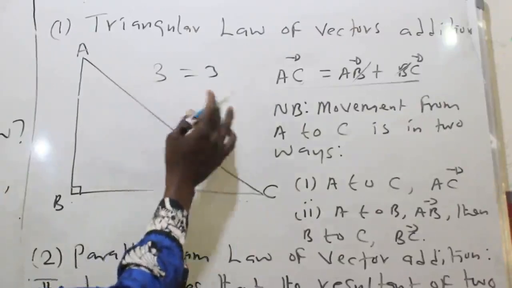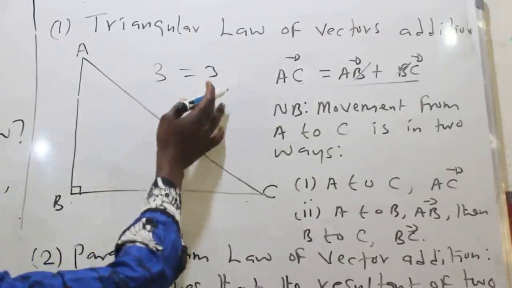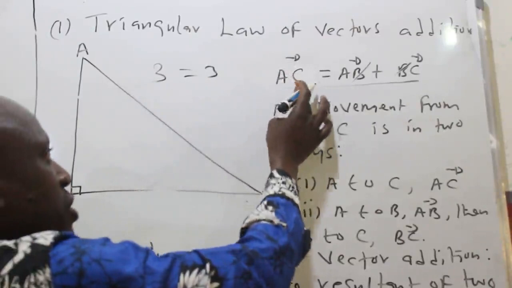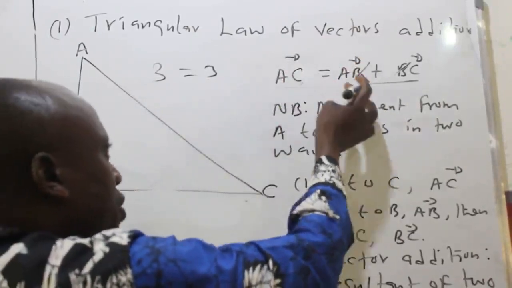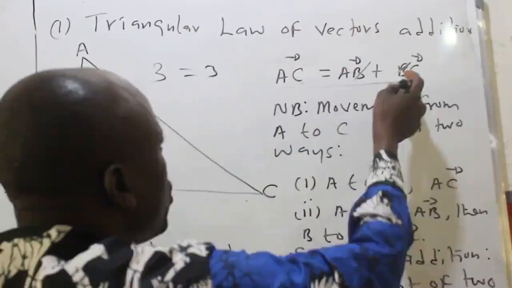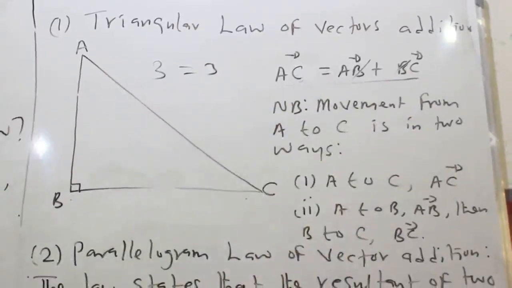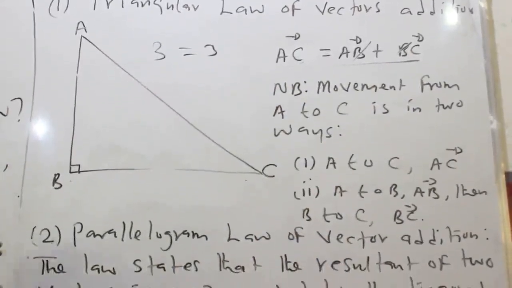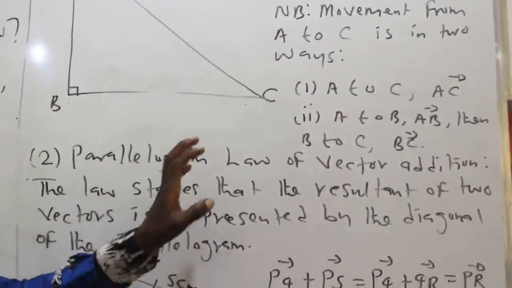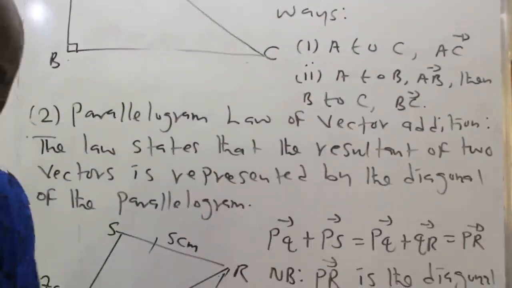So that means it's like 3 equals 3. So in this case, AC equals AB plus BC, so it's the same thing as AC equals AC. Now let's look at 2, which is the parallelogram law of vector addition.